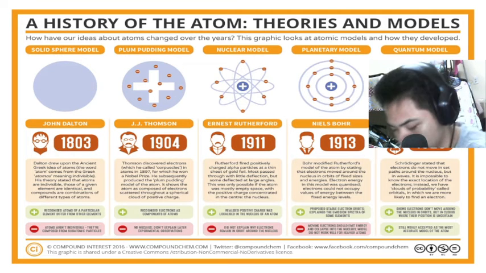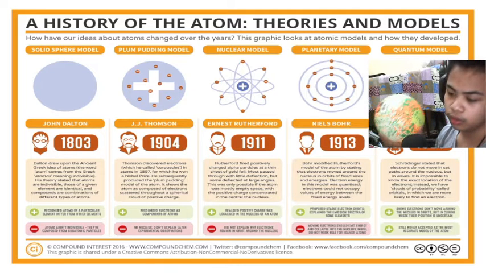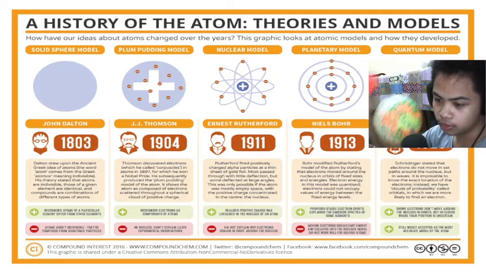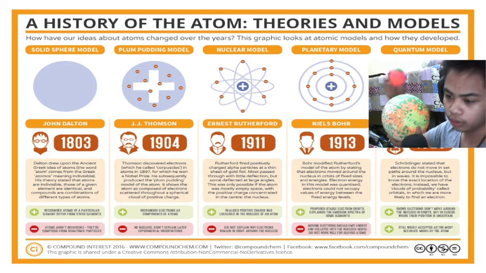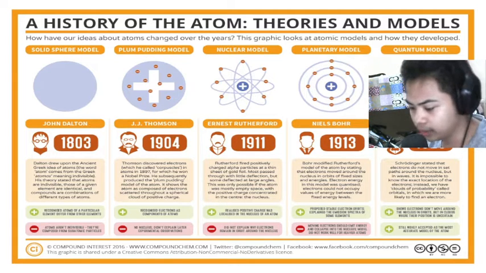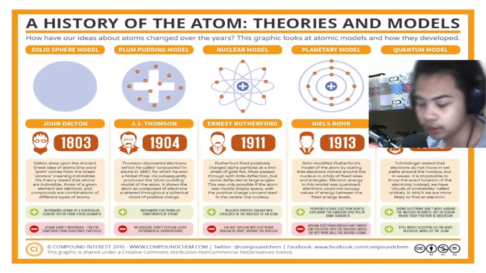What that would look like is, for example, let's say I have the nucleus here, and these are the negatively charged particles that will go around the nucleus as if it's like a planet going around the sun. So it's also called the planetary model because of its resemblance to planets revolving around a sun. That's why it's called the planetary model.